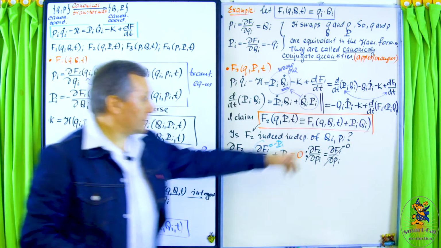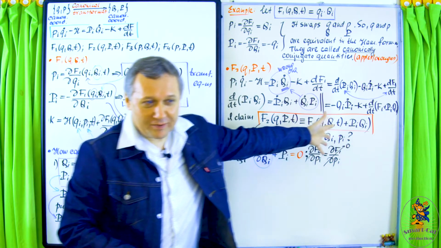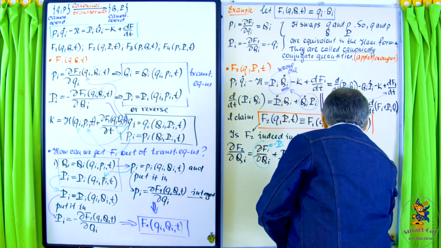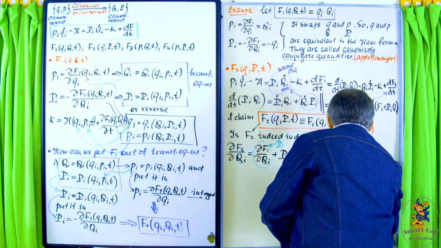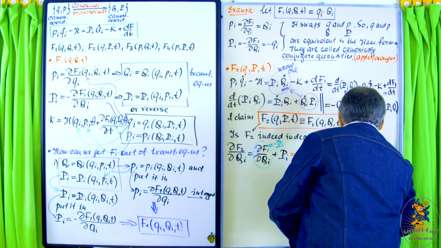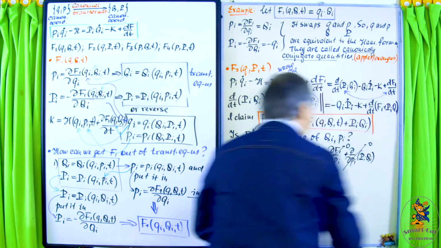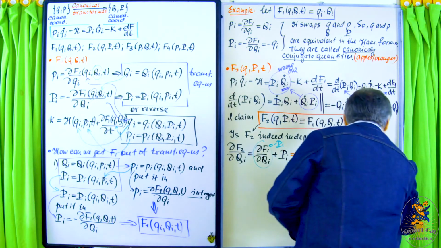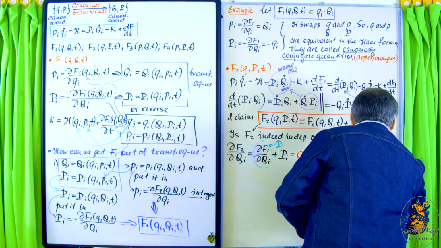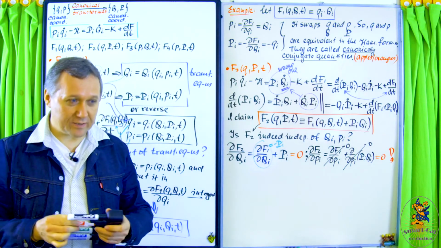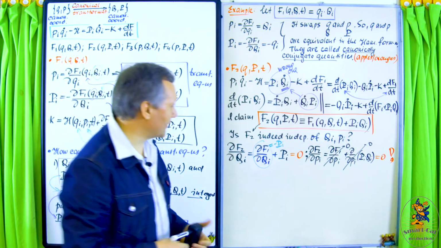And the second term also has no explicit presence of p small. Of course, plus the partial derivative with respect to p_i of P capital Q capital is also 0. Again, the same 0. So great, it works.